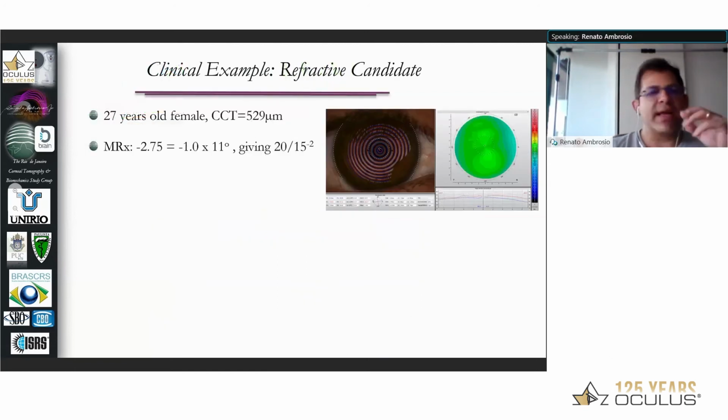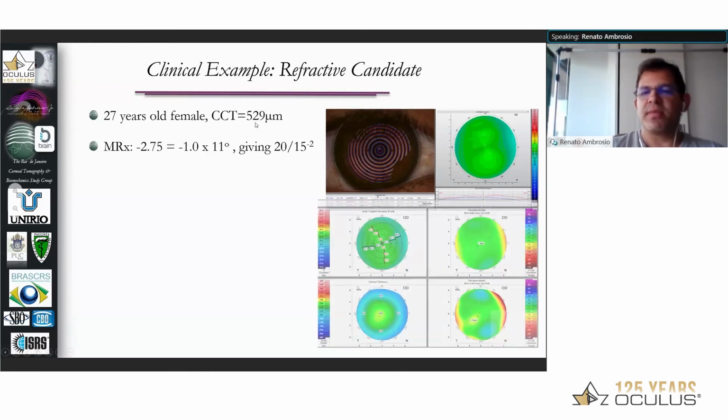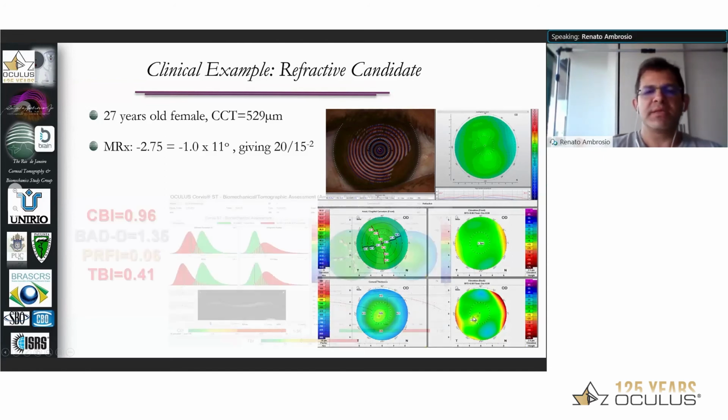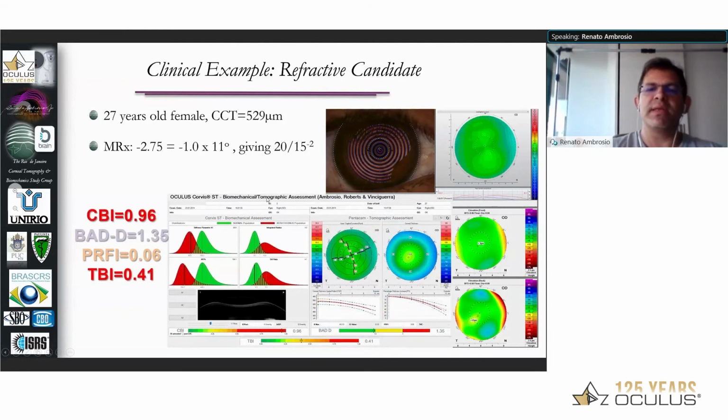So we have cases like this one. This is a 27-year-old who comes with 20/15 corrected distance vision and is eventually a good candidate for laser vision correction if you just think about front surface, good vision, relatively good age, thickness. But look at the posterior float. There's a little bit of yellow here. Is this patient abnormal? When we go to the TBI, this is a 0.41.